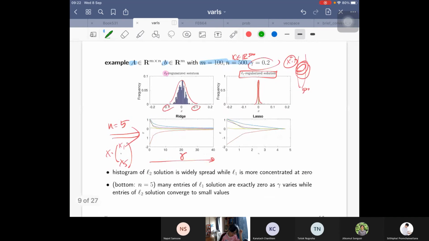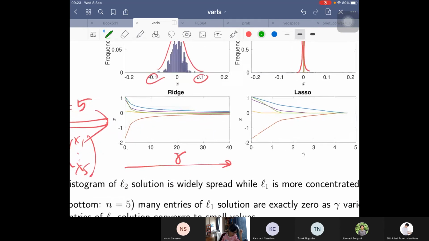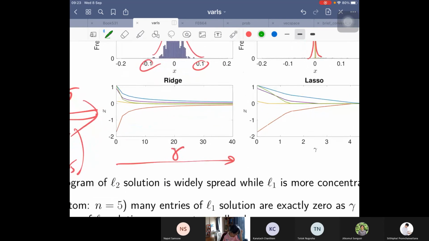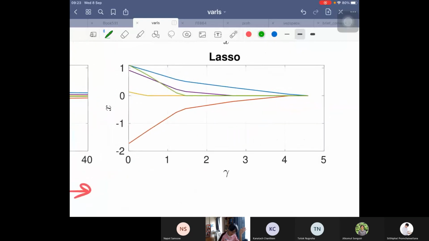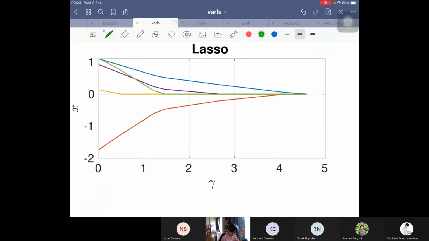So with that observation, I plot the solution path. This is the value of x1 to x5 as gamma varies. Let's take a look at the lasso case. You will see that for certain gamma, some entries of my x become exactly 0. Here we have x1, x2, x3, x4, and x5.